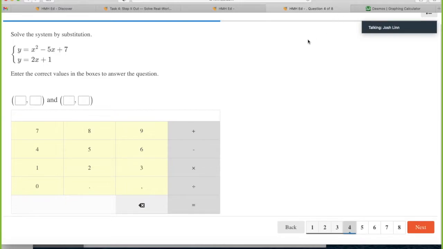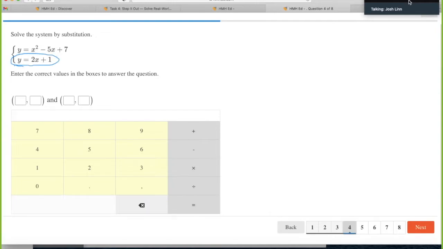Okay, now we actually get to do some math. So it says solve the system by substitution. So this is a great example of how to use substitution. So here we go. We already have a y equals, actually we have two of them.